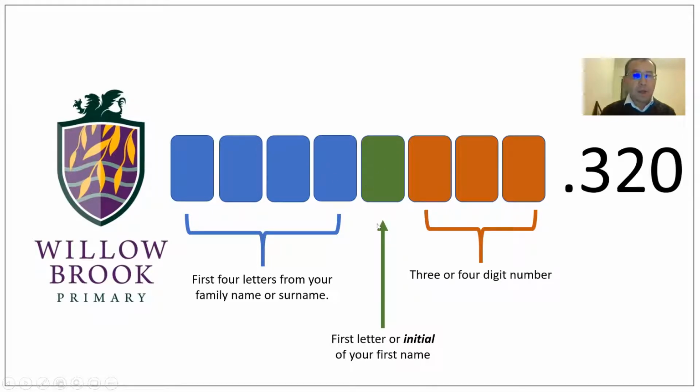You've then got the next character, which is the first letter or initial of your first name. The next part is then 3 or maybe 4 digits, followed by the full stop, then our school number, which is 320. So that's how your username is made up.